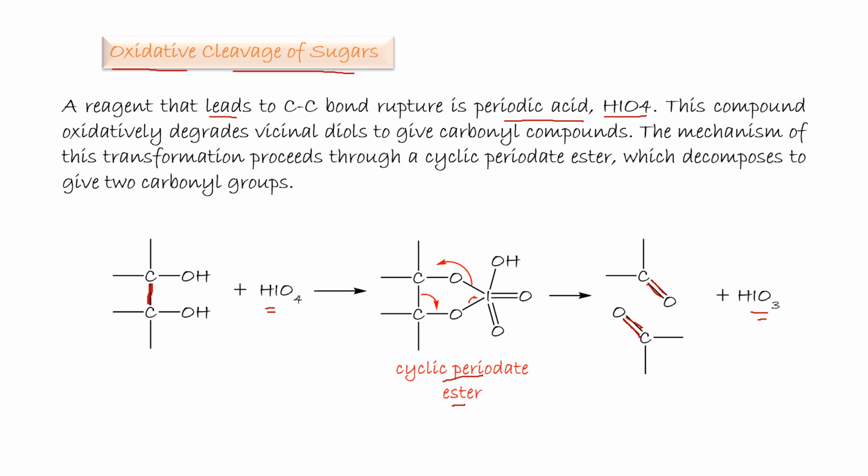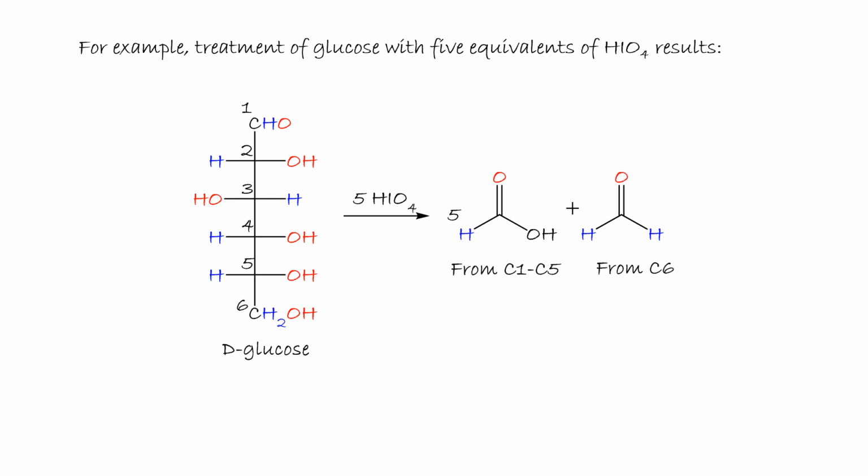Each C-C bond cleavage needs one equivalent of HIO4. Well, if I have glucose, then we need 5 HIO4. C1 is an aldehyde, and will be oxidized to formic acid.